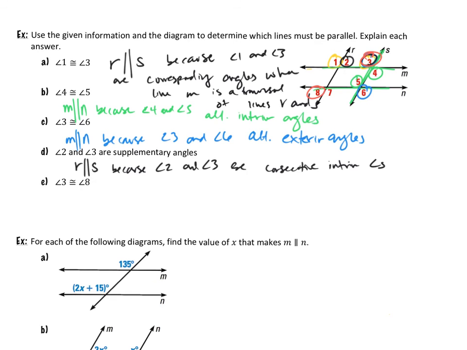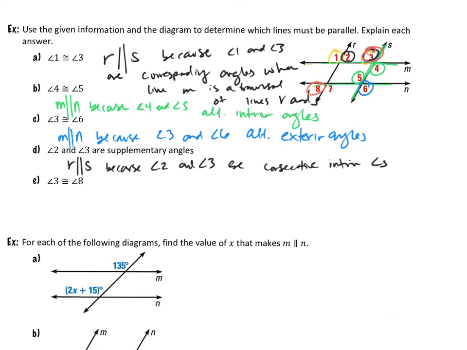Okay, last one says that 3 is congruent to 8. So these are actually completely opposite. They are exterior to M and N, but on different transversals. So we kind of have to use a transitive situation here. In the diagram we have, 8 and 1 are corresponding angles, and 1 and 3 are corresponding angles.